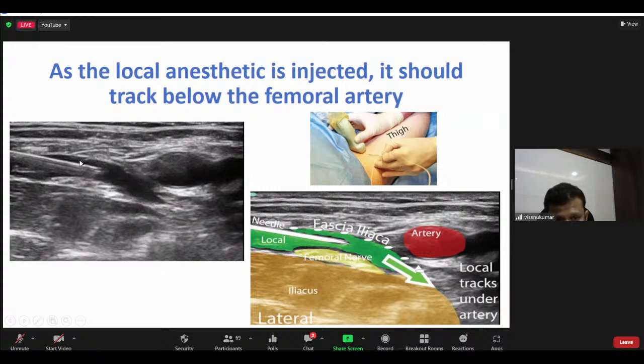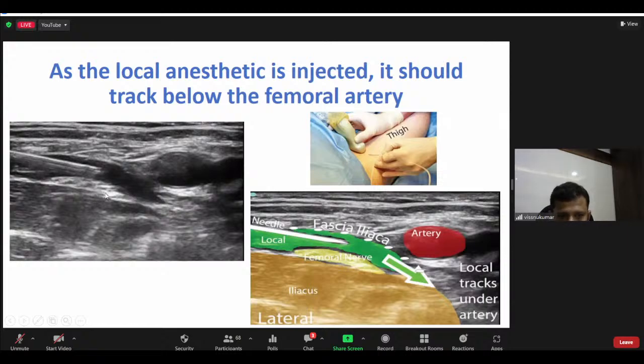See here, we have deposited the local anesthesia here, and this is the femoral artery, and these vascular structures are enclosed by another fascia. So if it is going to track below the femoral artery, it makes sure that the local anesthetic that you have deposited has crossed the fascia iliaca and is going to engulf the femoral nerve.